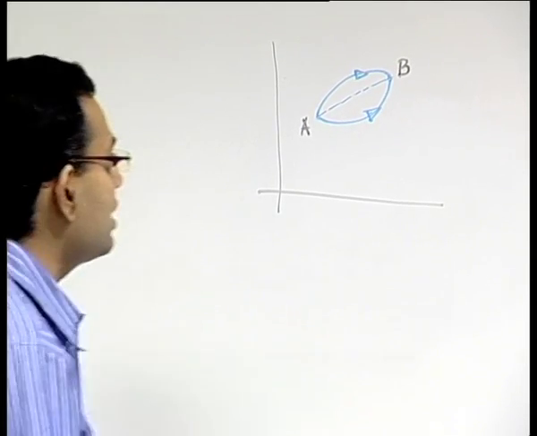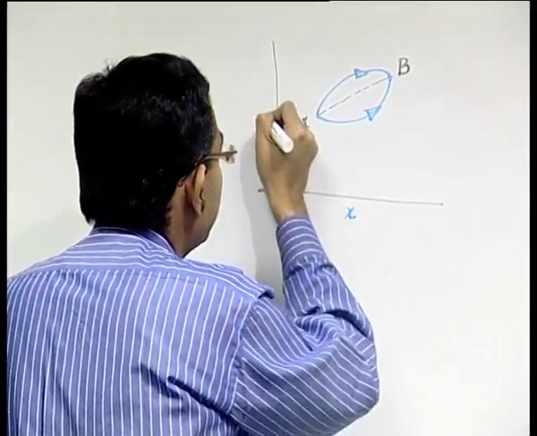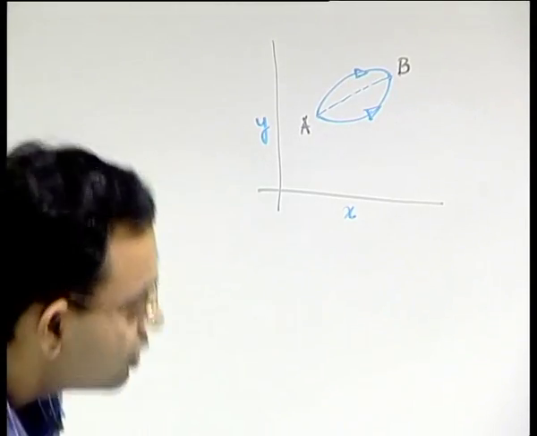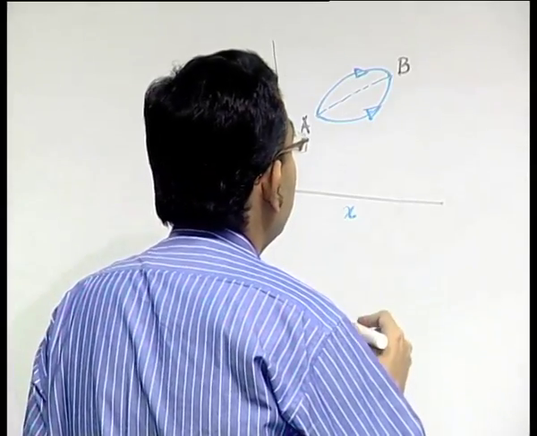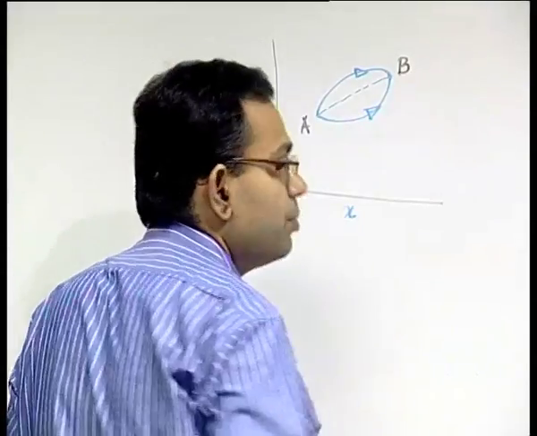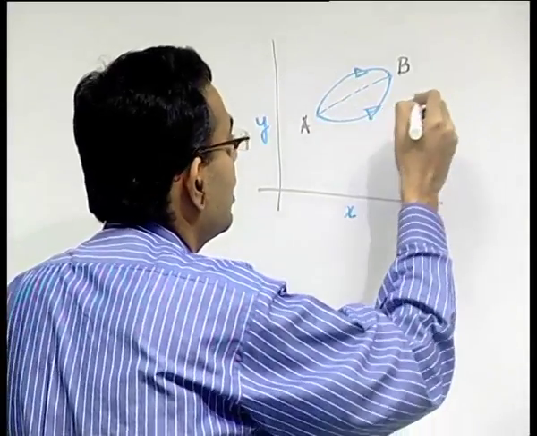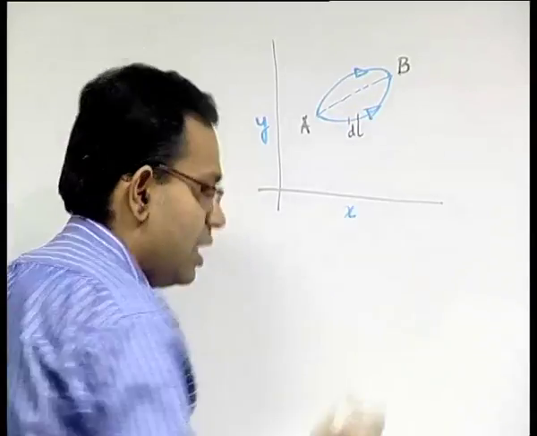Let us say that this is an xy plane, so you have this as x axis and this as y axis, and let us say that we are interested about the total length from A to B. If you take a small length, let us take any of the curves, let us say that we take this dl.